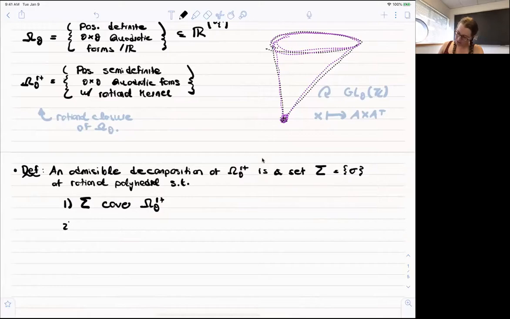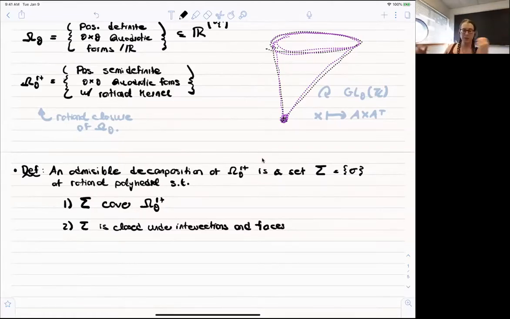Secondly, Sigma has to behave well with respect to cone operations, so it is closed under intersections and faces. So if I take a face of a cone in Sigma, it's also in Sigma, and if I take the intersection of two cones, they meet in a face, and that face is also in Sigma.